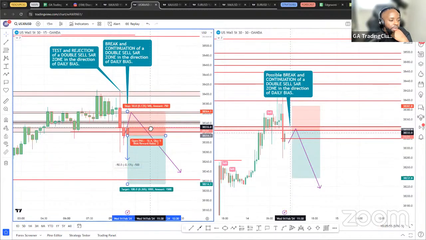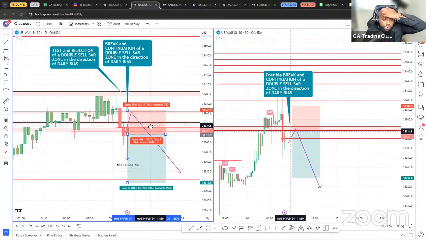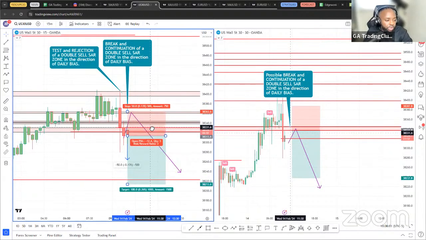So you can see, right? You can see the importance of waiting for retracement at times, or waiting for price to come back to your zone.